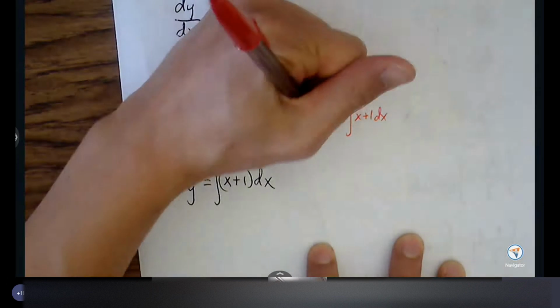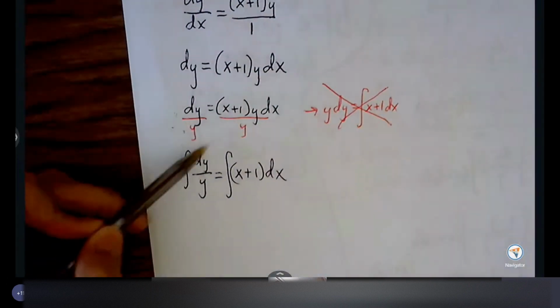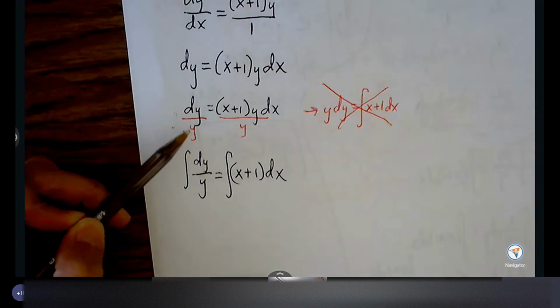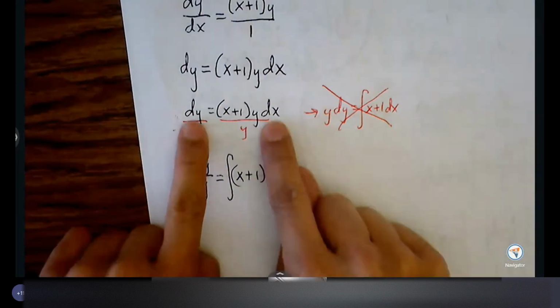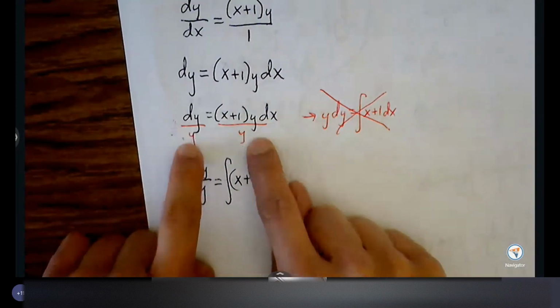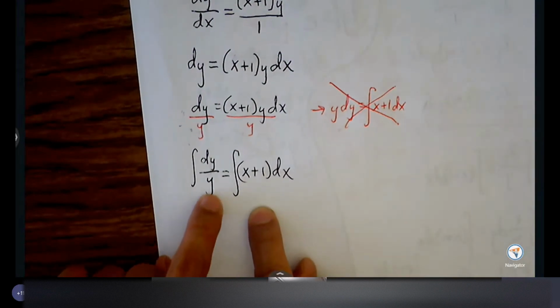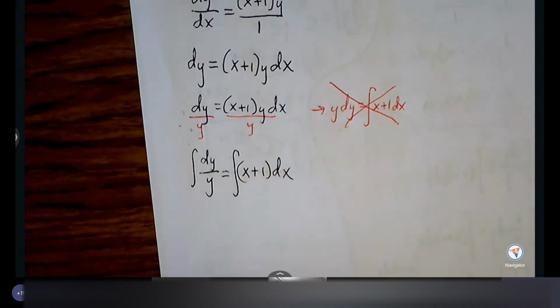So we need to keep reminding ourselves that it's okay to have x's or y's in the denominator if that is where it ends up, right? As long as your dy and dx are sitting up top, it's okay to have your variable x or y in the denominator. We have rules that can handle that, so there's no need to move it if it's not where it belongs.